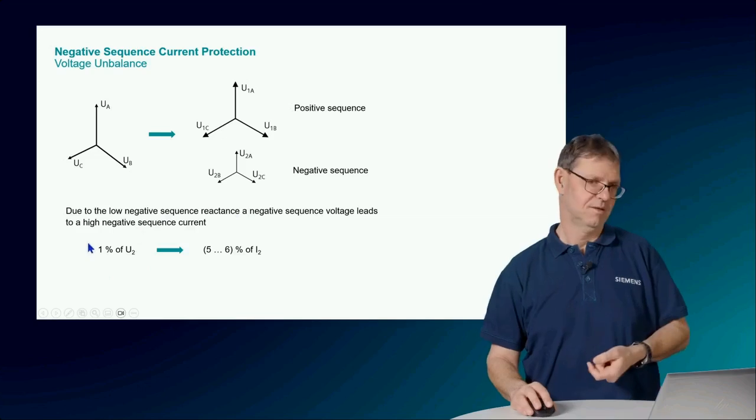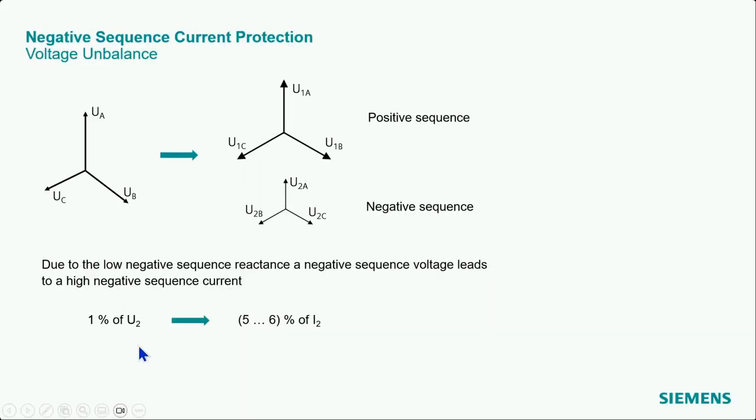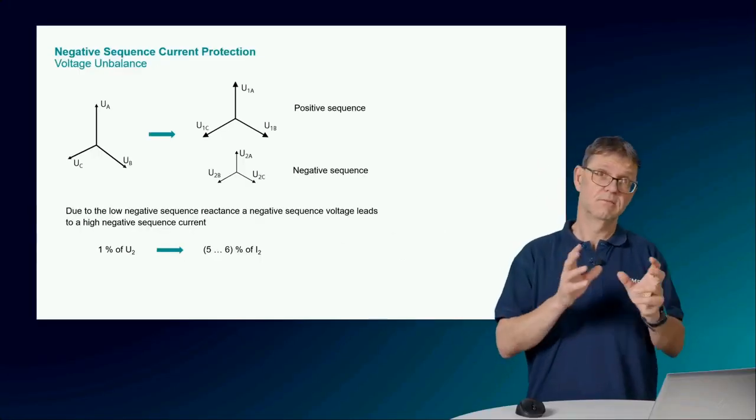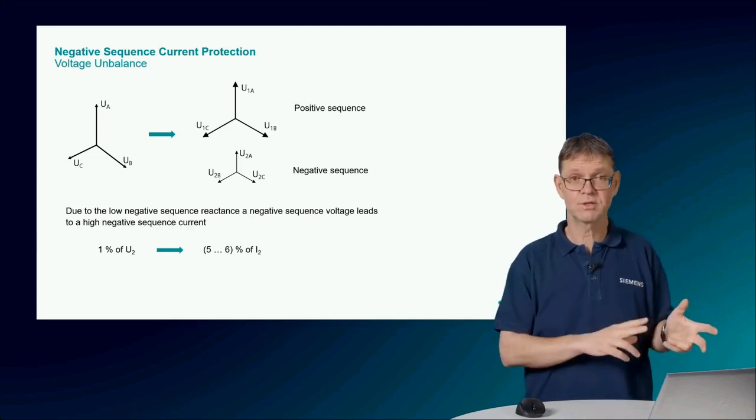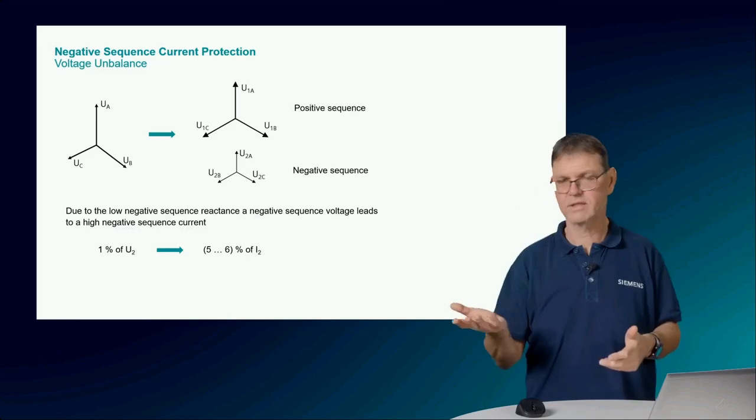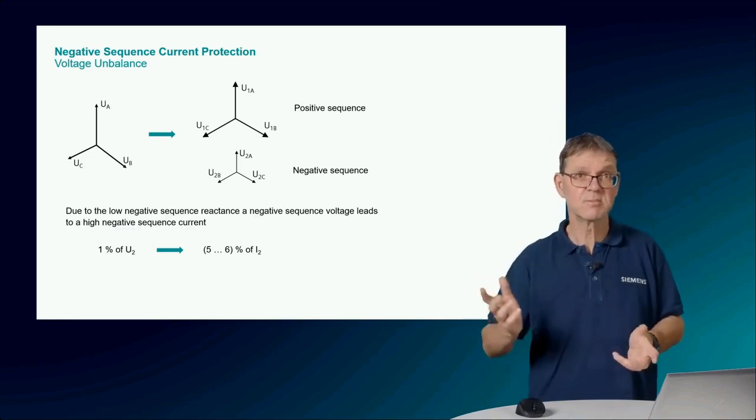So as a rough estimation, we can say 1% of U2 gives me something like 5 to 6% of I2. So I have also to do something here. And here we get relatively small values if you compare it to the outage of one phase voltage, where we get really negative sequence current like 50–60%.